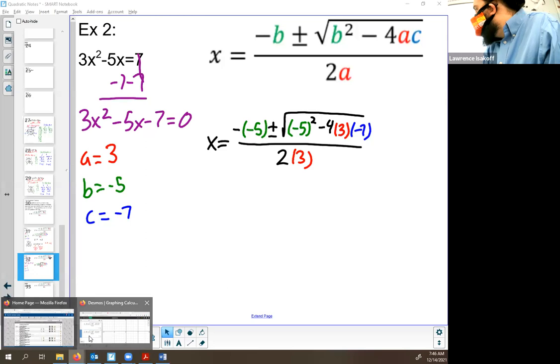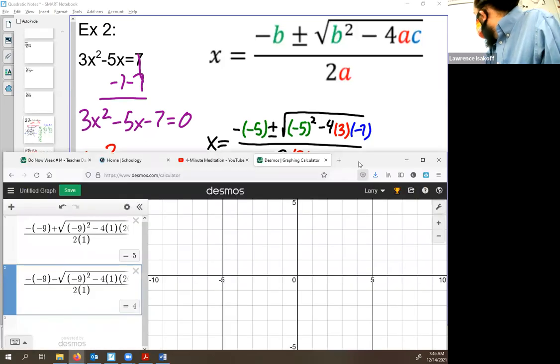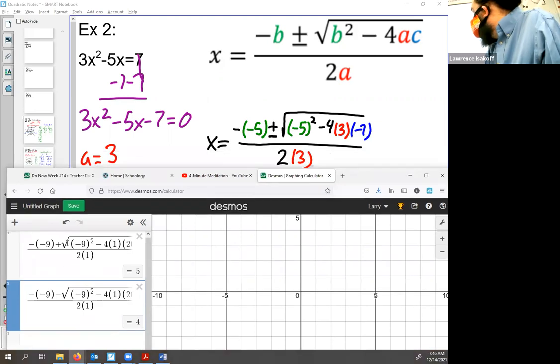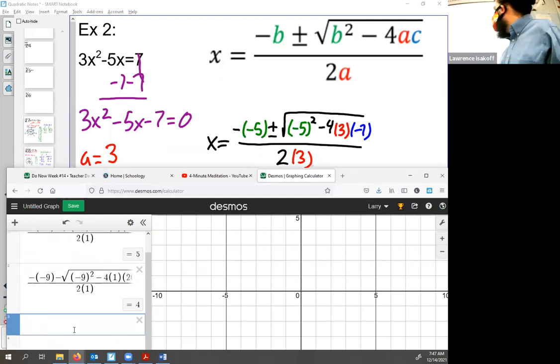So again, I'm just going to work with this. Now, what I could do here is I could just clear out the numbers on the old one and just change them up. But I'm just going to start a brand new line and start from the beginning.